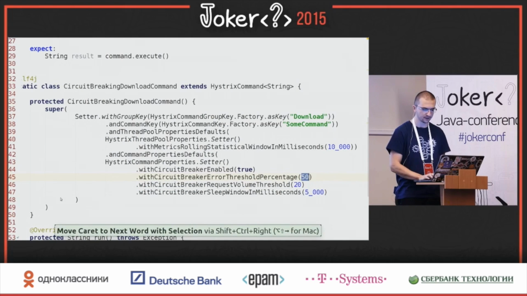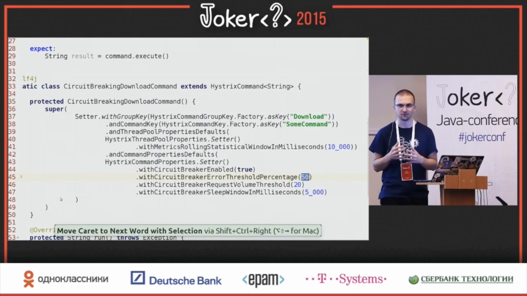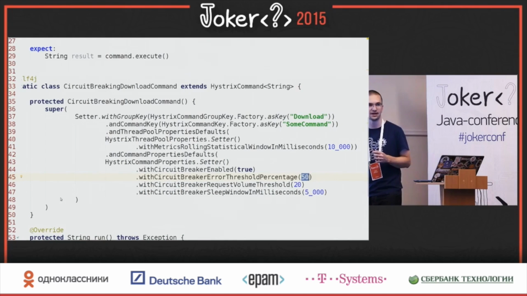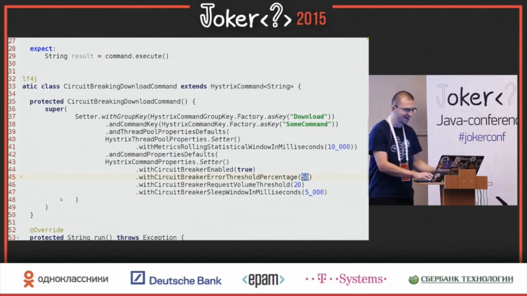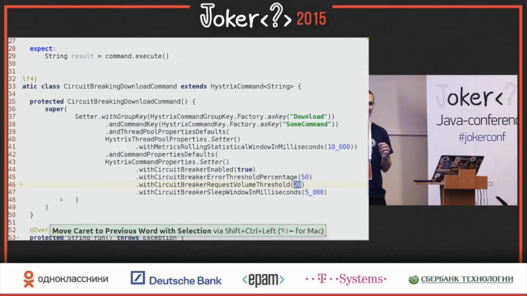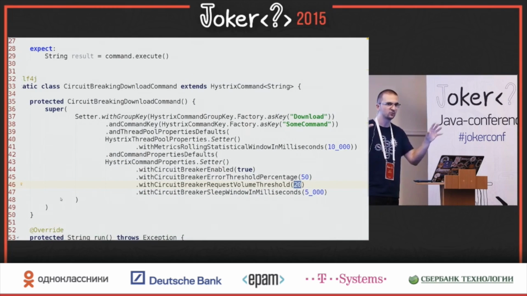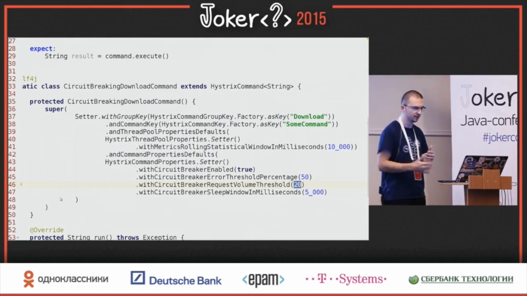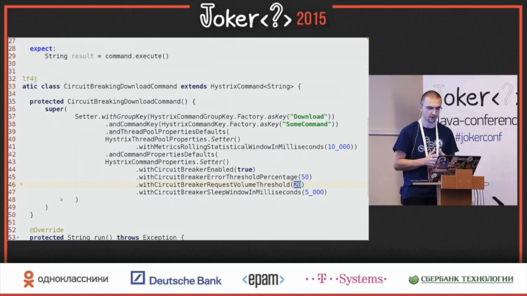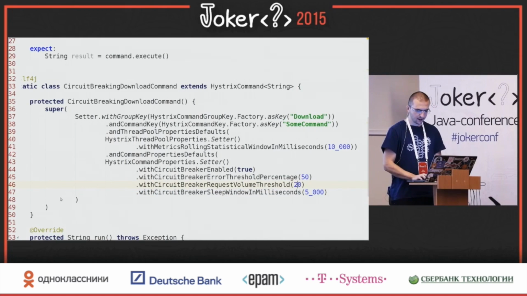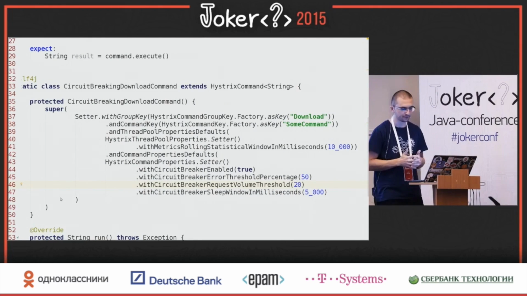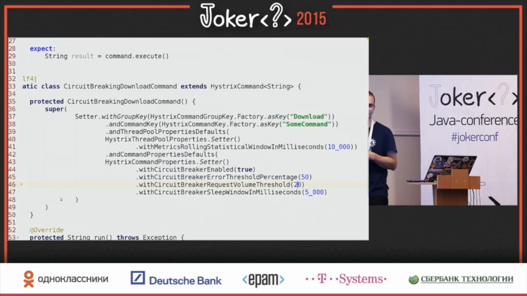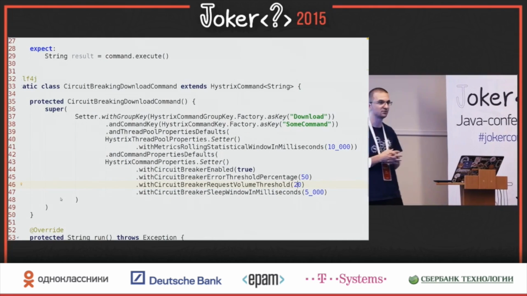If more than 50% of commands fail, and there were more than 20 executions in total, so more than 20 commands were executed in these 10 seconds, and more than 50% of them failed, then the circuit breaker trips open. And this is the state at which you no longer call the external system because you consider the external system dead. However, it would be really dumb if this state was taking place forever.